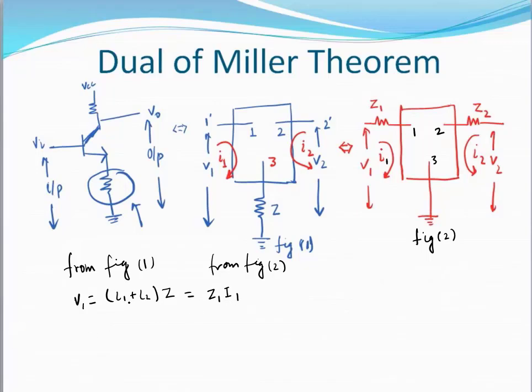So here we will take the ratio of current again. We will consider I2 by I1, and divide both sides by I1. So 1 plus K, times Z, is equal to Z1.